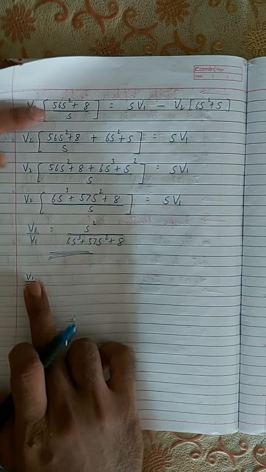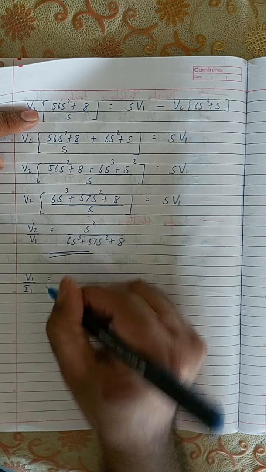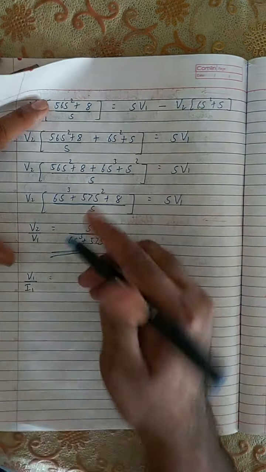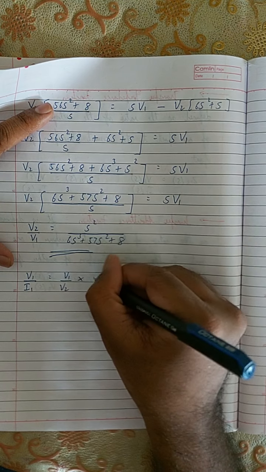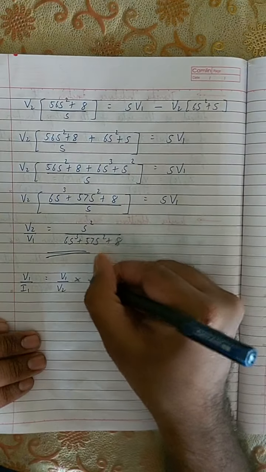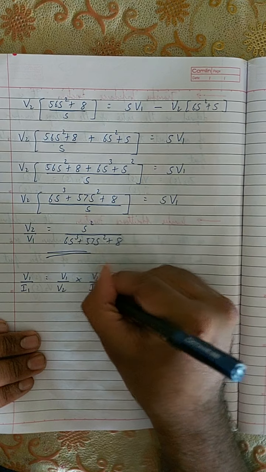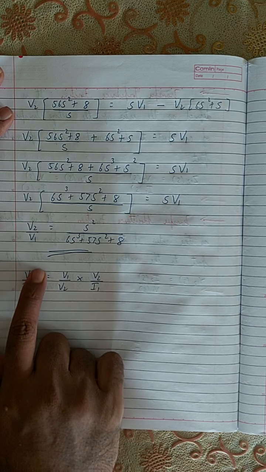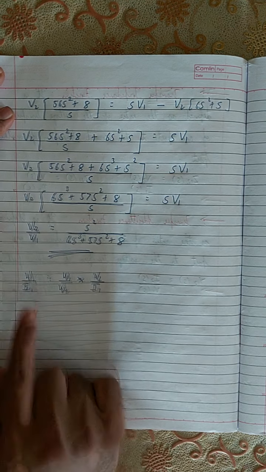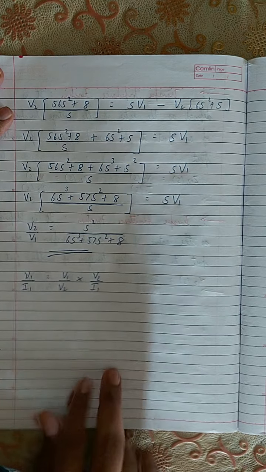Here it is V1 by I1. What is V1 by I1? It is nothing but V1 by V2 into the other equation you found, V2 by I1. So in order to find the last term, all you need to do is find the other two terms and substitute them over here.